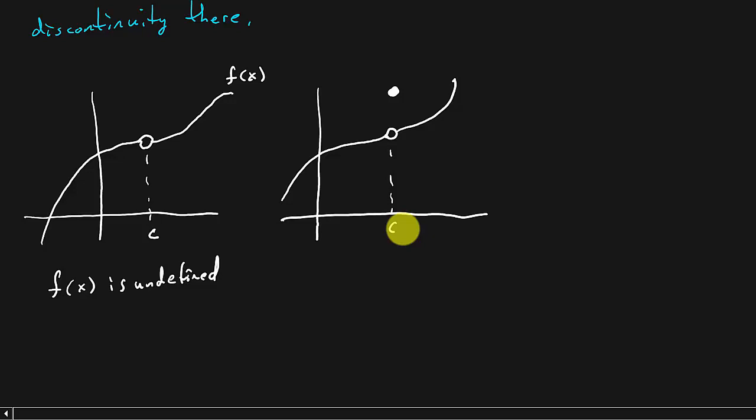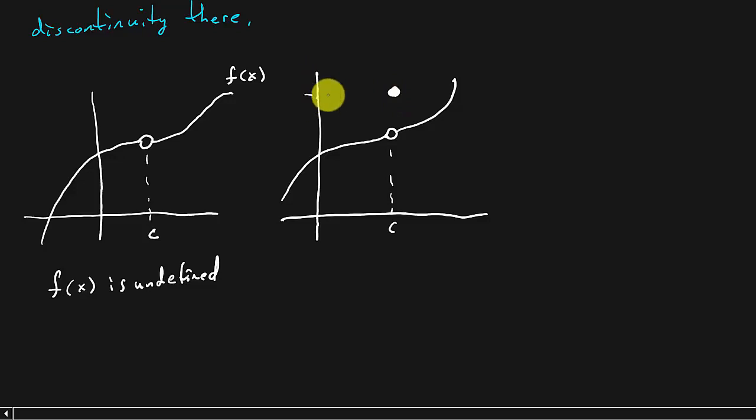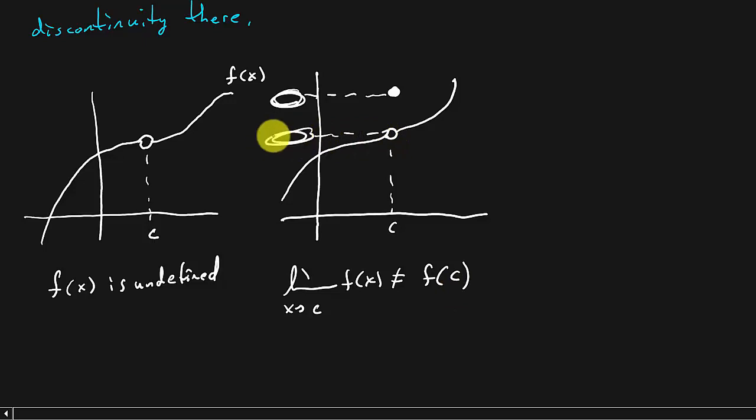Okay, so in this one the function is defined because there's a y value there. And the limit exists. It has a limit. But notice the limit as x approaches c of f of x, in this case, does not equal f of c. Because this would be your limit, whatever that y value is, and this would be f of c, whatever that y value is, and you can see they're not the same, so that would make it not continuous.